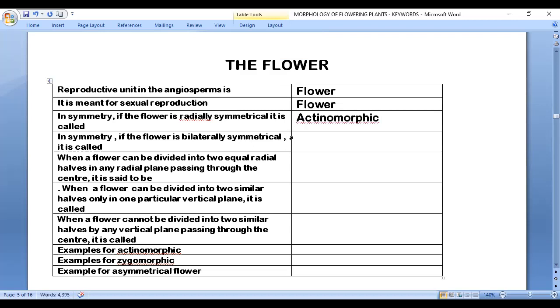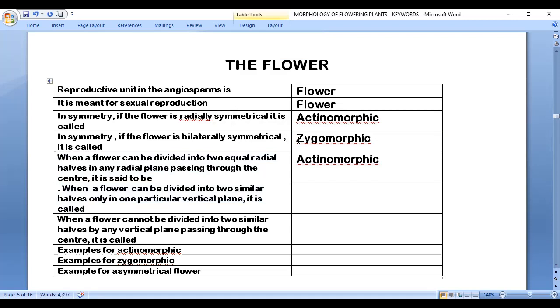If the flower is bilaterally symmetrical, it is called zygomorphic. When a flower can be divided into two equal radial halves in any radial plane passing through the center, it is said to be actinomorphic.